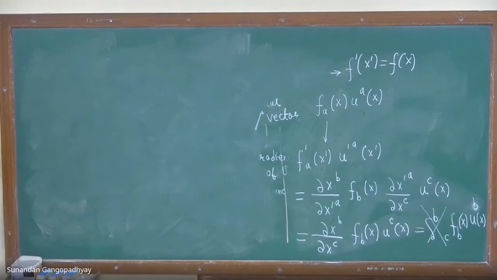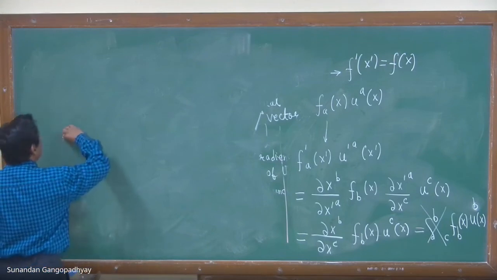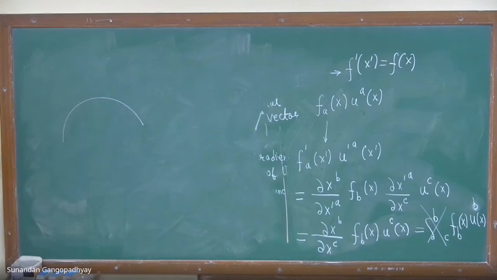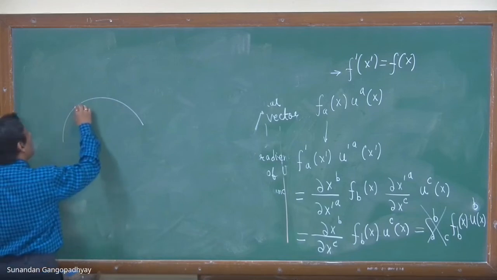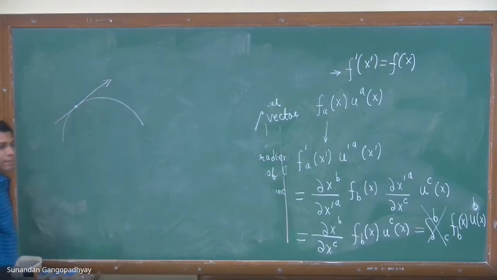Okay. Now we shall come to something very important. Imagine a sphere like this, the surface of the sphere. At this point you can have a tangent vector like this, right?